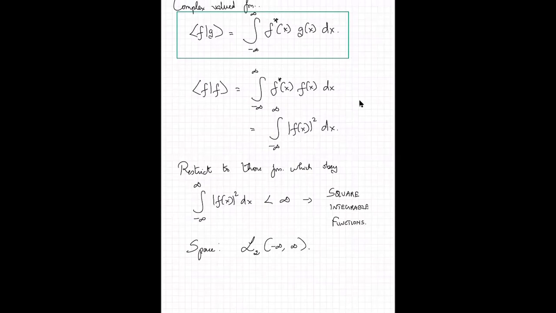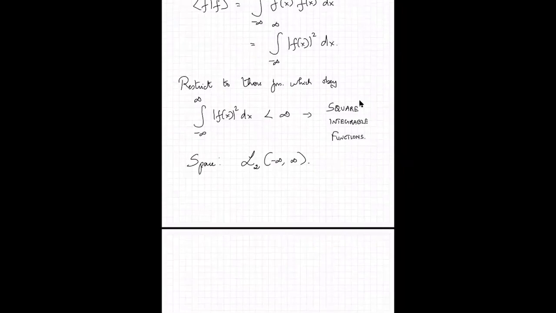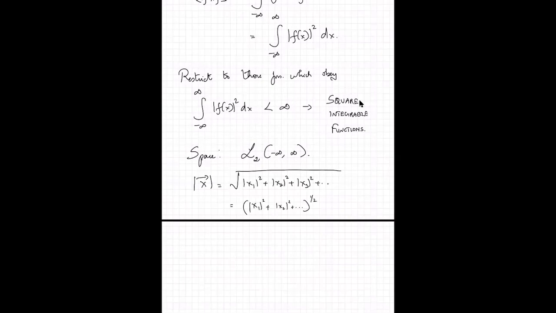What is this L2? Well, the L2 has to do with the fact that we are using the definition of what is called a Euclidean norm. So suppose I define the length of a vector x as the square root of all the components squared: x1 squared plus x2 squared plus x3 squared and so on, to the power of 1/2.